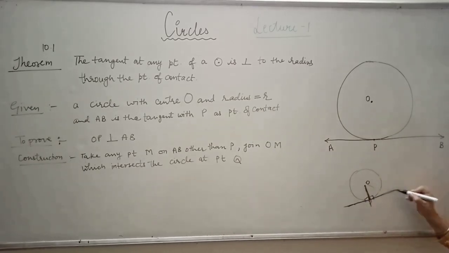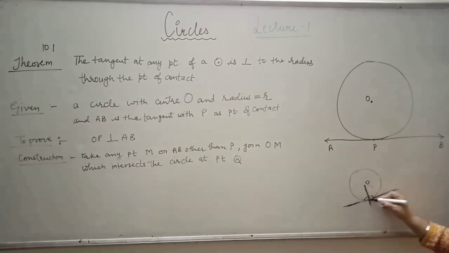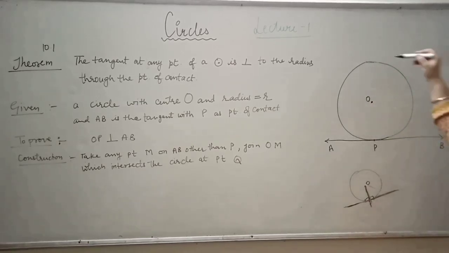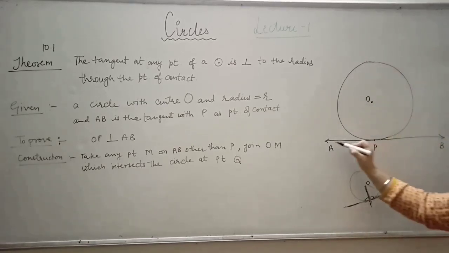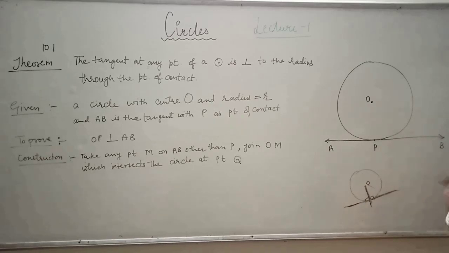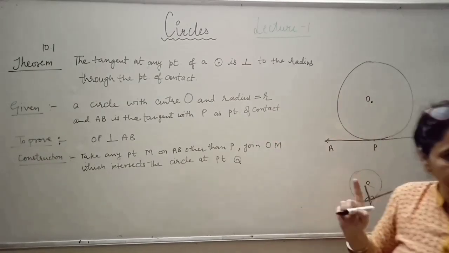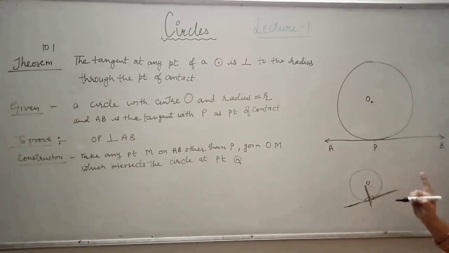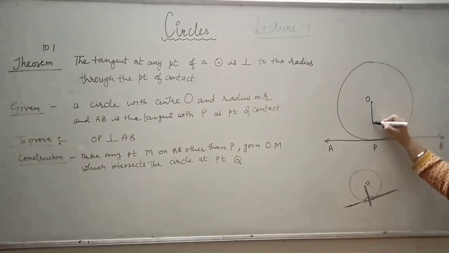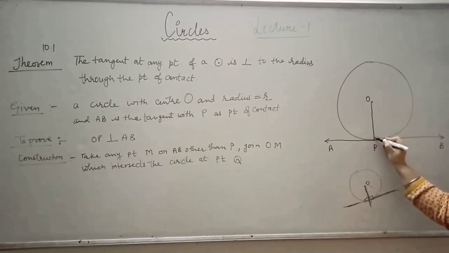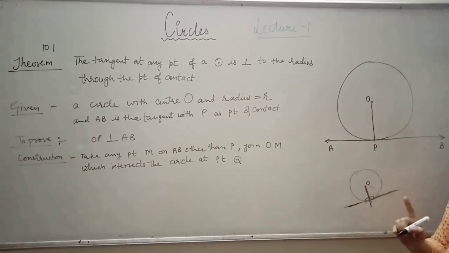You have to prove this radius and tangent are perpendicular to each other at this point of contact. We have been given this circle, this tangent, and this point P as the point of contact. Now you are to prove that this OP is perpendicular to AB.